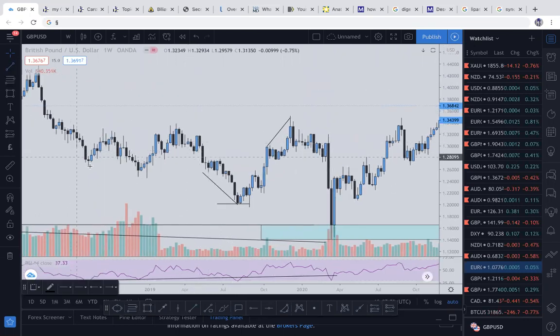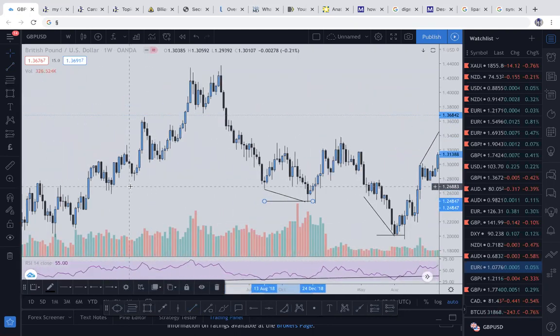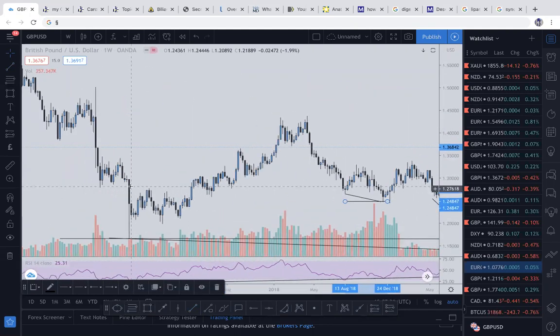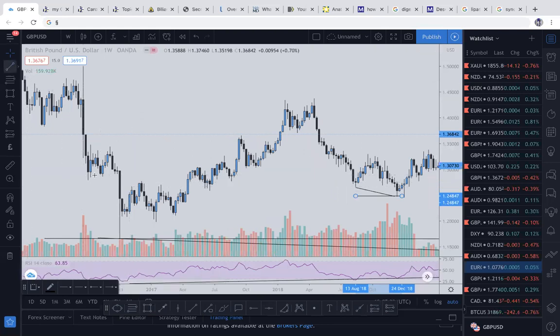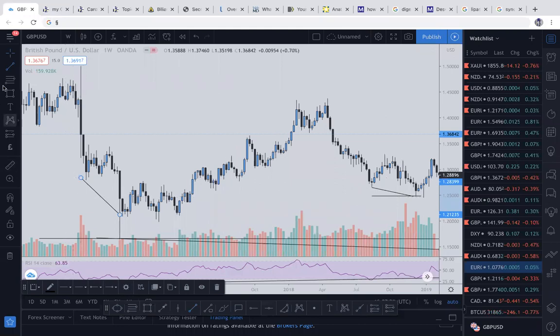Once again, look. Before price was about to go up, what happened? We swept liquidity. I'm doing all the sells, and after that, I'll show you the buys. Look, before price was about to go up, what happened? We swept liquidity.